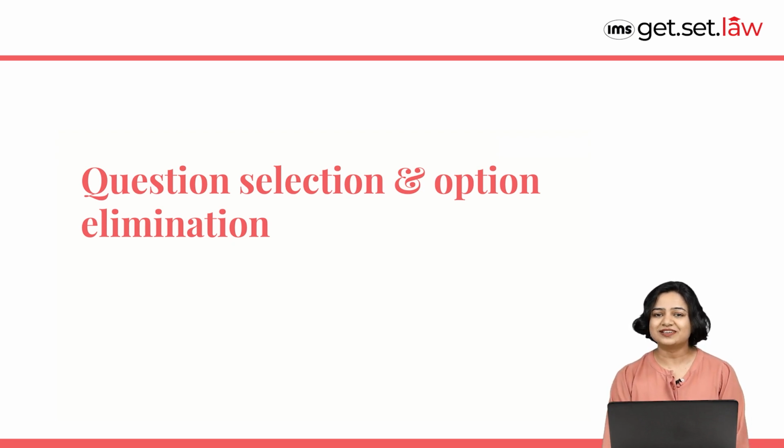So you really need to get better at which question to solve and which question to leave. And remember, you do not have to solve everything. Even the topper of the paper is not going to do that. So it's very important to understand how to do the question selection. I'll tell you more about it as we go forward.